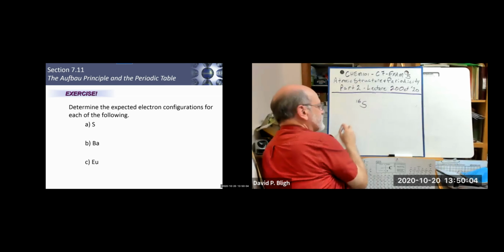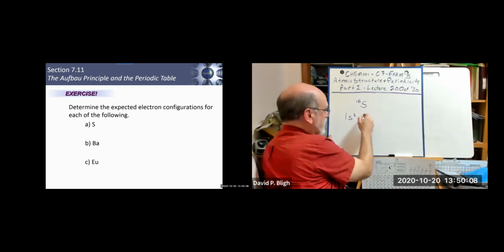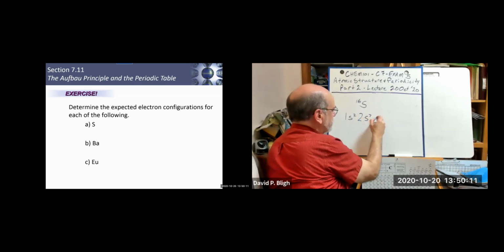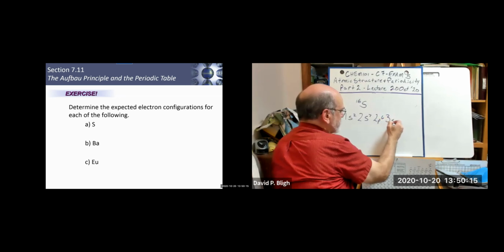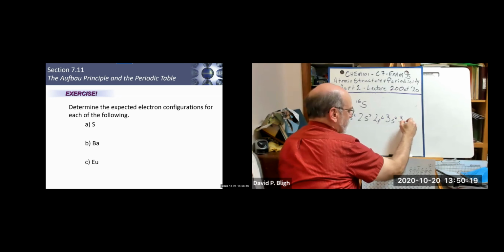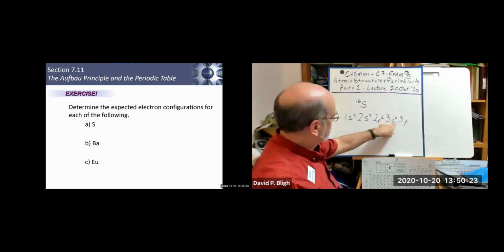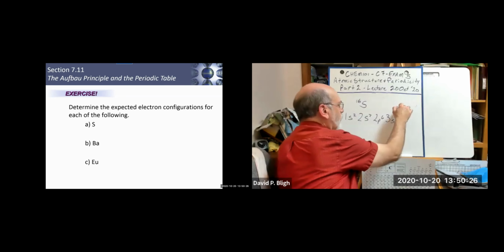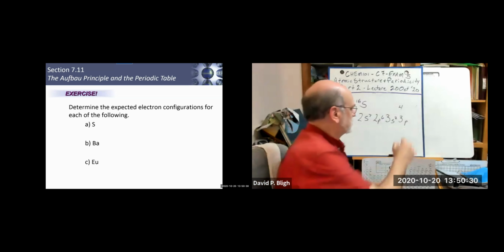Okay? So how are we going to start? Right? 1s, 2s, 2p, 3s, 3p, and let's see how many we got. 2, 4, 10, 12. So we need 4 more. They can all go into this next one.